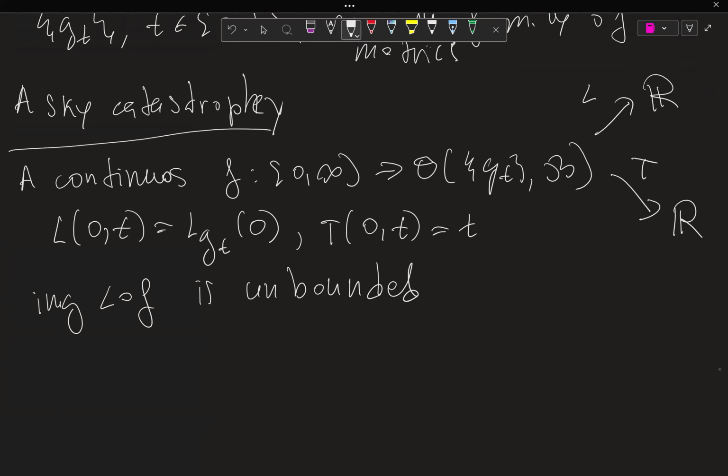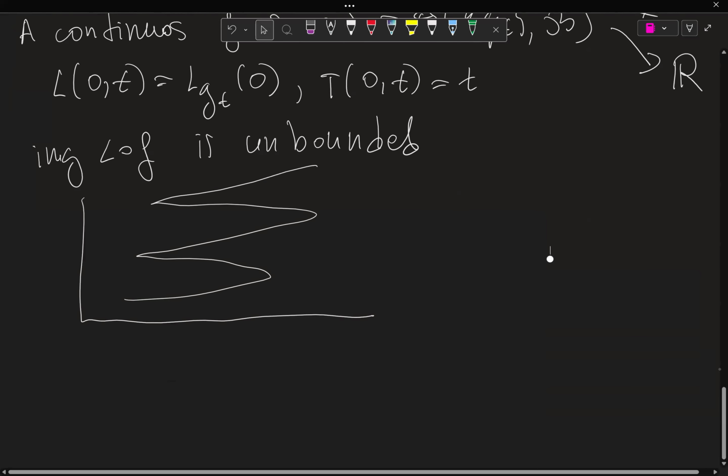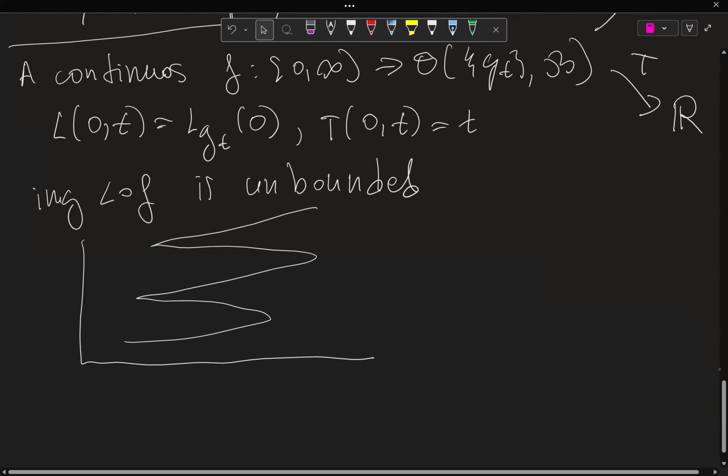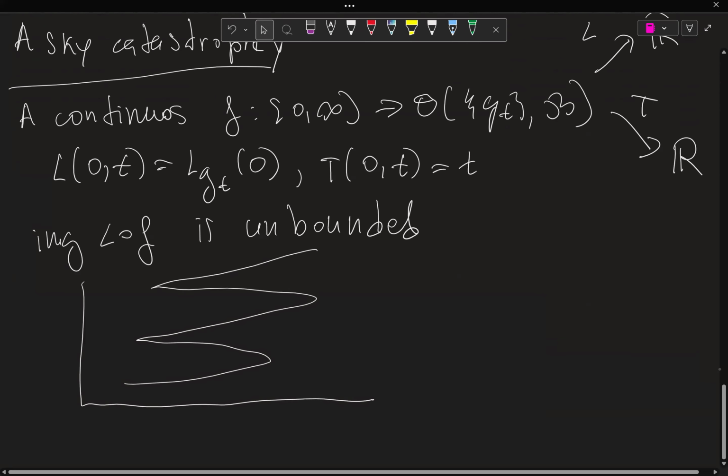So a sky catastrophe is basically a situation where you have something like this. Here you have the t-axis, here's the L-axis.